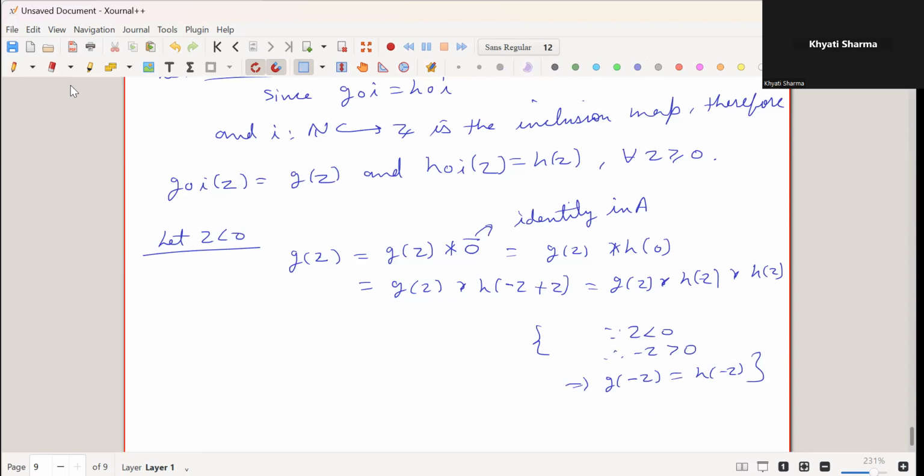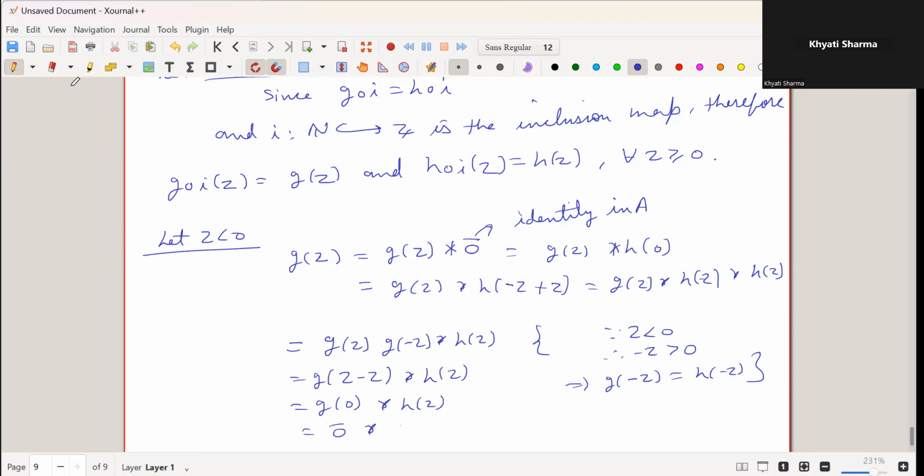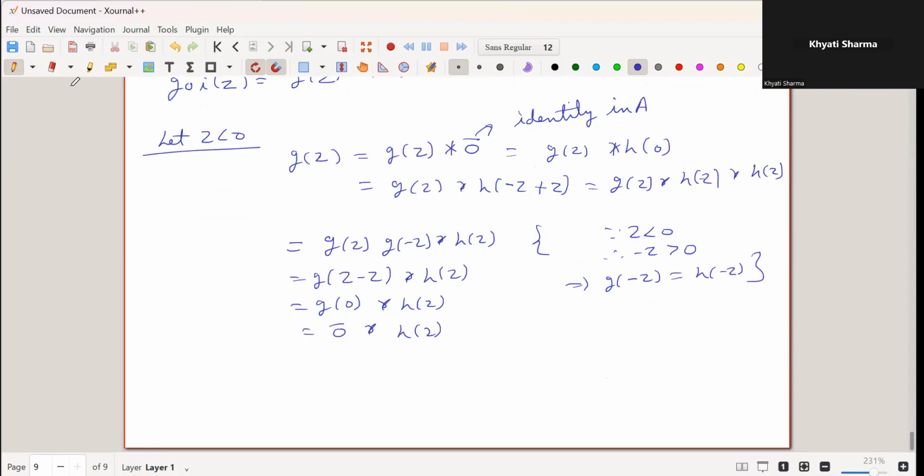So this will give you G(z), G(-z) star H(z), and that is G of z minus z star H(z), that is G of 0 star H(z), and G of 0 is the identity in A, and applying it on H(z) gives you H(z). Okay, so this implies that I is an epimorphism as well.